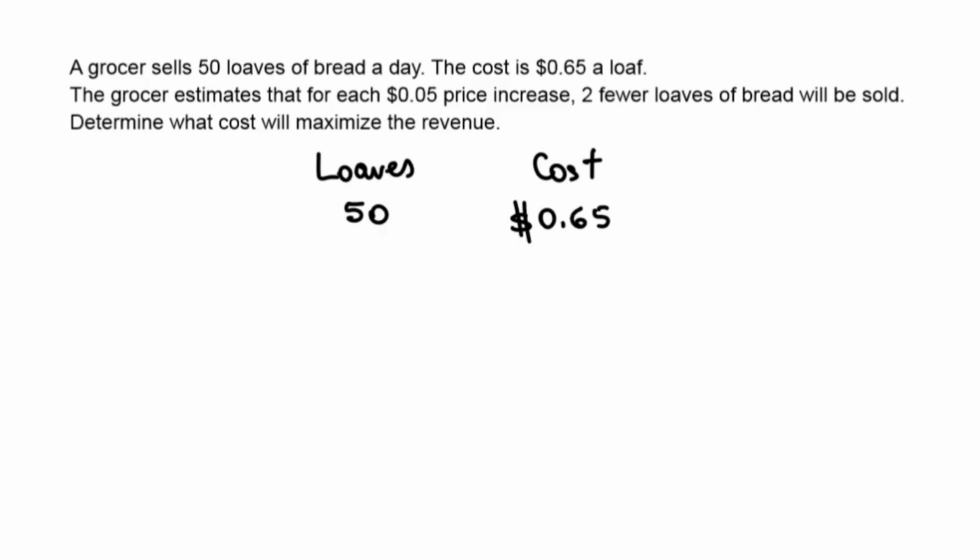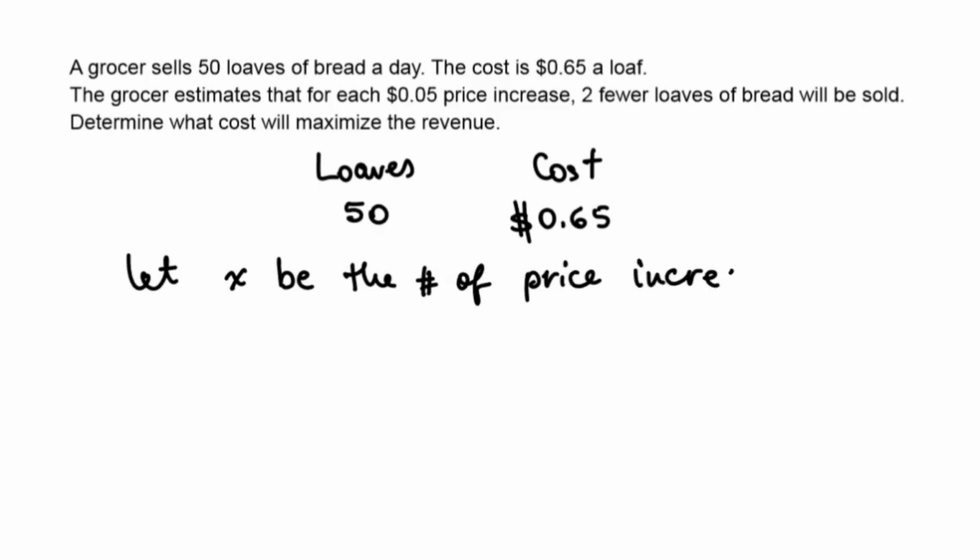Now, then the grocer introduces some price increases. It can be multiple price increases. Start with 1 and then continue on. So let x be the number of price increases. Depending on how many increases happen, we will have 50 loaves sold minus 2 fewer loaves per each price increase.